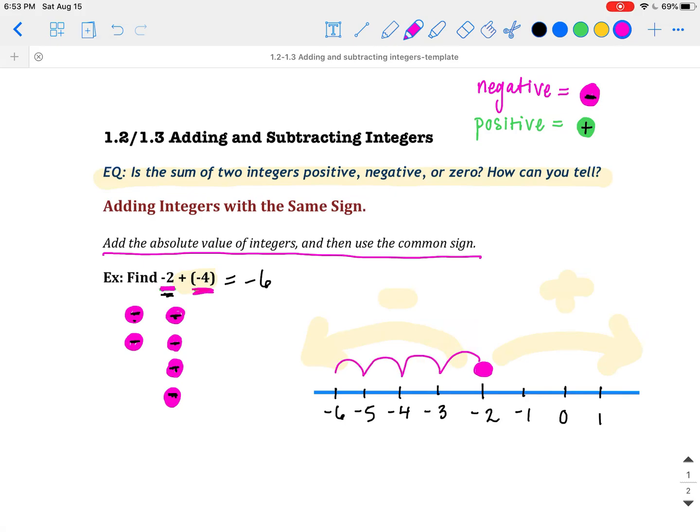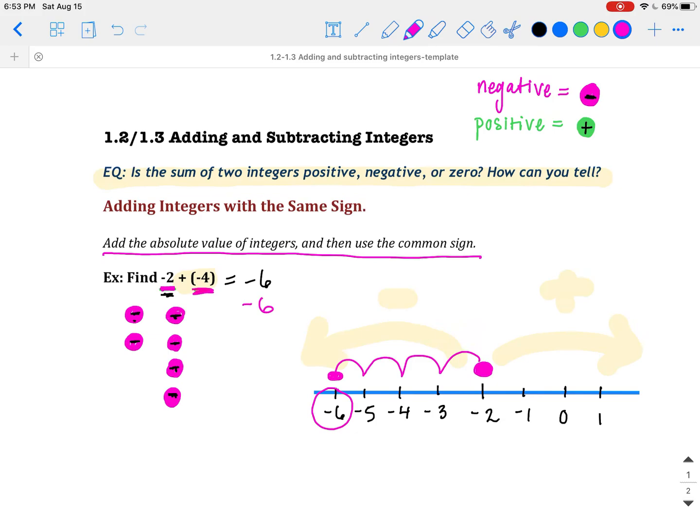So we would go 1, 2, 3, 4, and we would end up right here at -6, and we would also agree that our solution is -6. Okay, I hope both of those models worked, or at least one of those models worked in your brain.